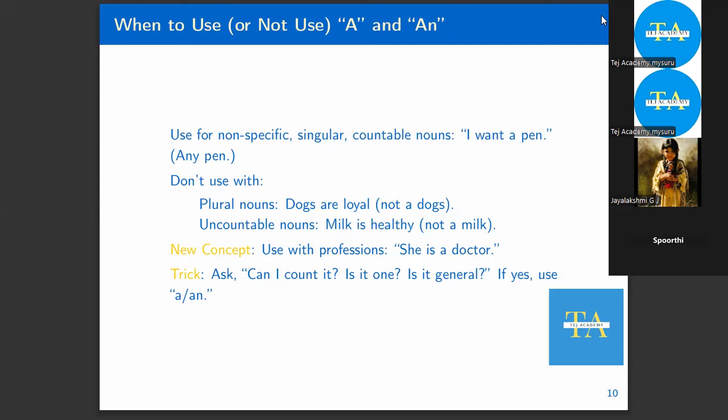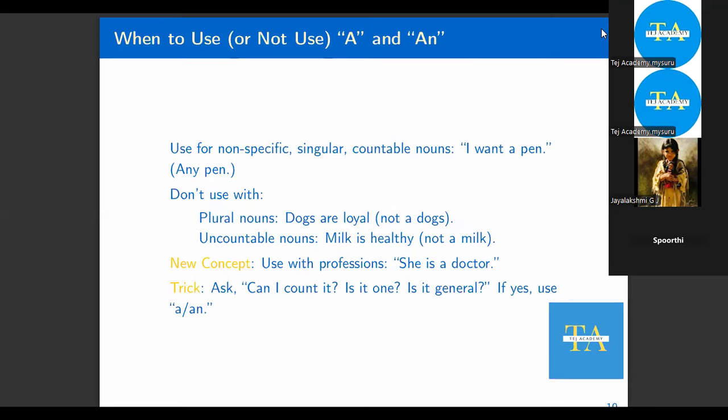I'm not able to remember the professions which start with a vowel sound, but if any profession starts with a vowel sound, we will use an in front of it. And here we have a trick. He is an electrician. Nice. Thank you, Chinmay. Yes, an astronomer.